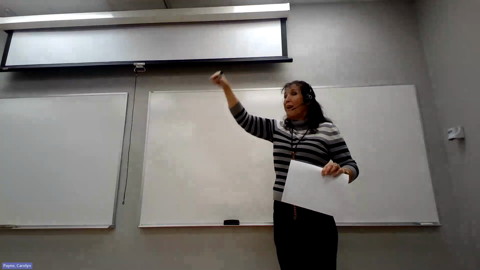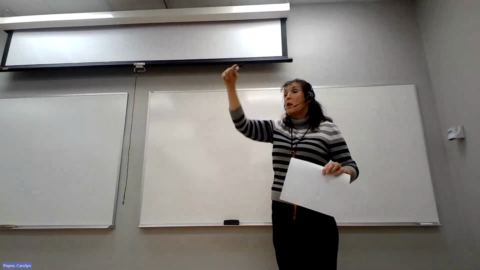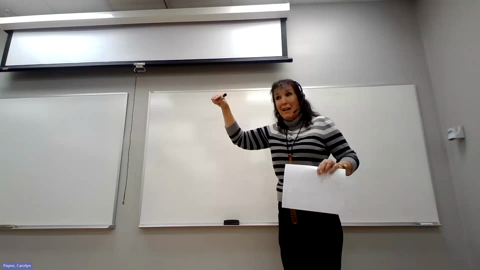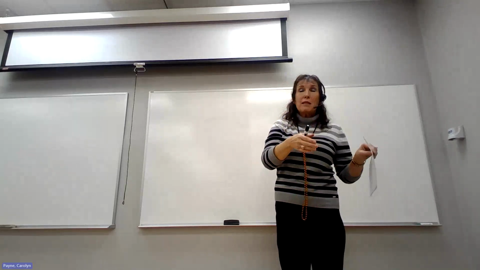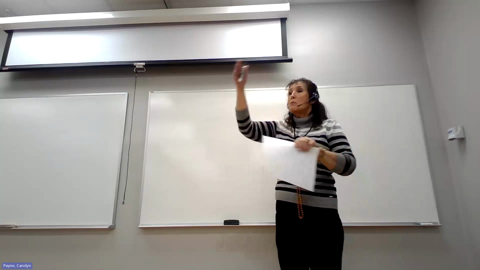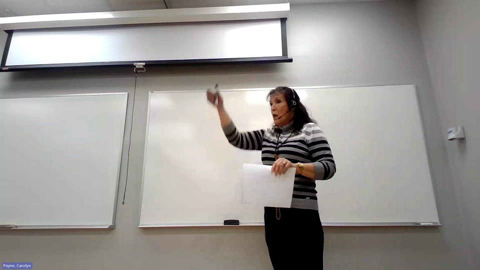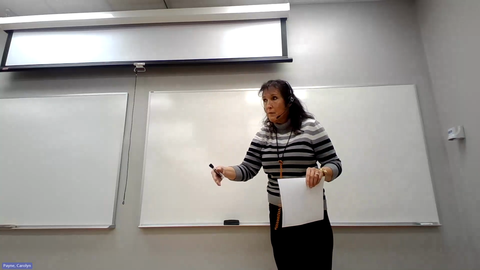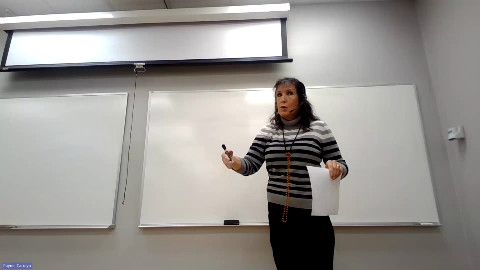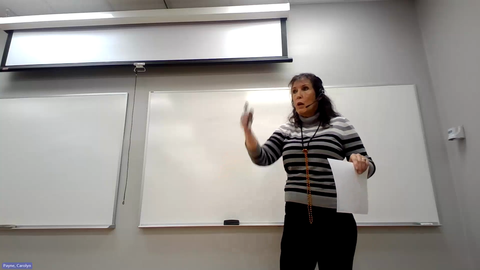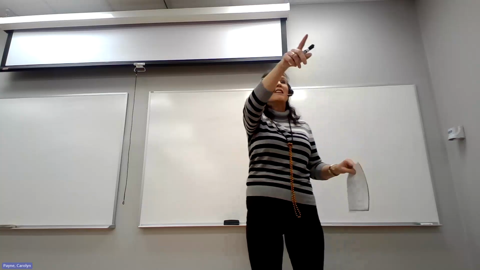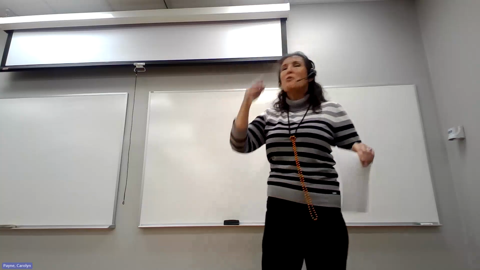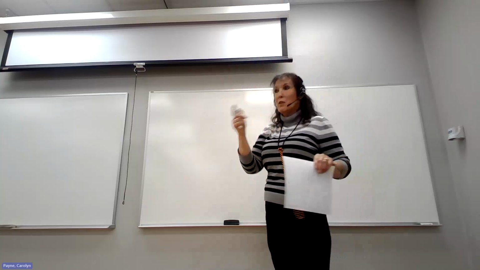Beginning retained earnings plus net income, or if it was a loss, minus net loss, minus dividends equals ending retained earnings. So we have to do the income statement first so we can find out the net income so we can do the statement of retained earnings. Why do we do the statement of retained earnings second? Very good. We need ending retained earnings for the balance sheet.